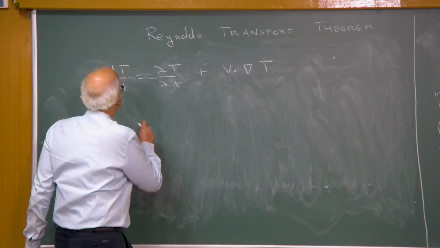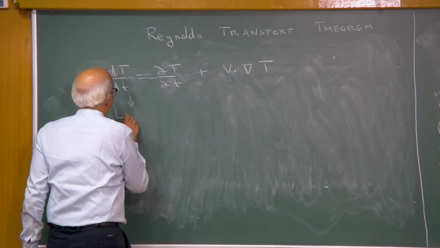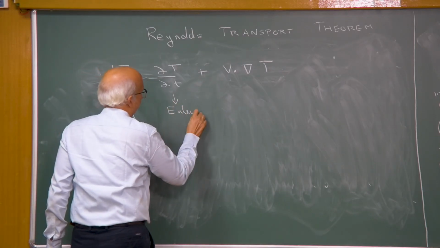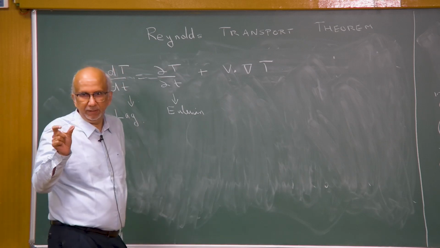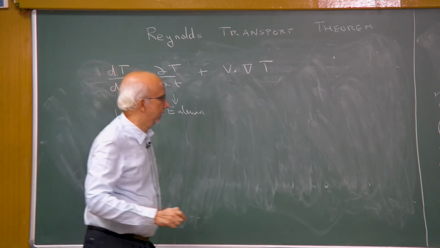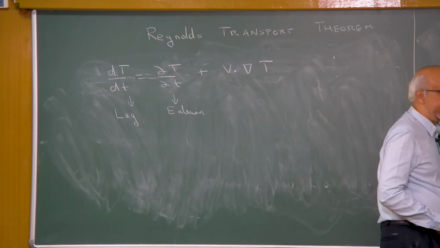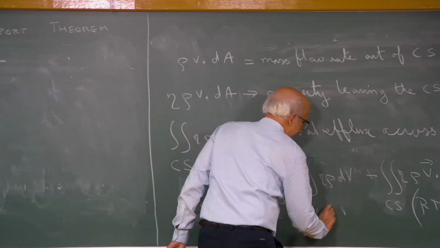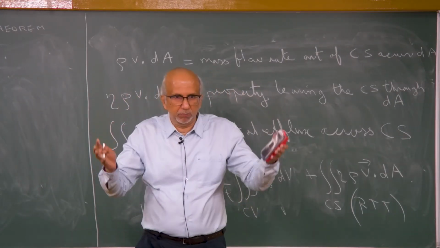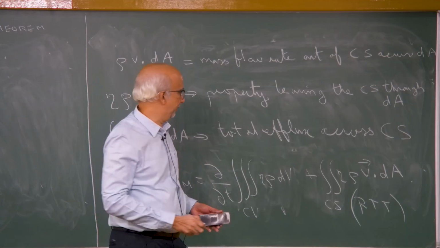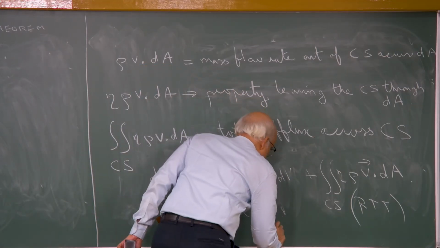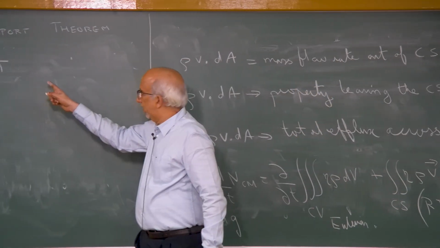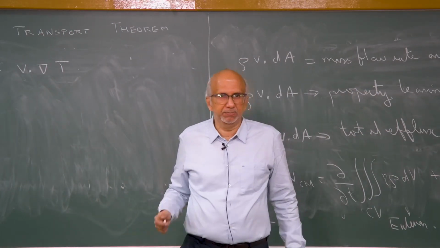So, this is Lagrangian, this is Eulerian. Eulerian means I am fixing my attention at a particular point. Same thing here, this is for a mass, this is something like my Lagrangian, this is my Eulerian because I am now looking at a fixed control volume, a fixed region in space. This is Eulerian and that is the efflux, associated with the convective term there.